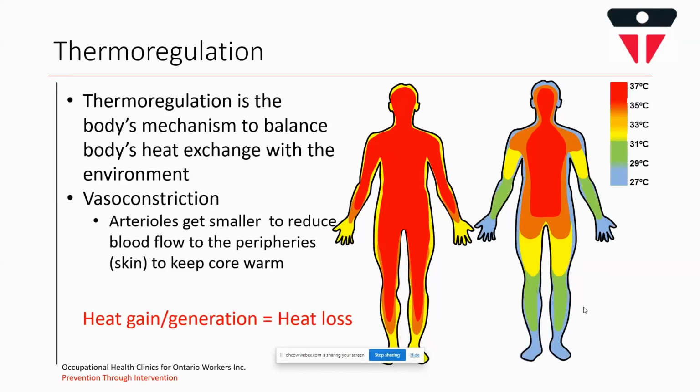But if the heat loss from the body is more than heat gain or heat generated in the core, then we have a condition called hypothermia. So our body tries to maintain this core temperature. If the heat gain is more than heat loss, then the condition is called heat exhaustion. If the heat loss is more than heat gain, it is the reverse, hypothermia.